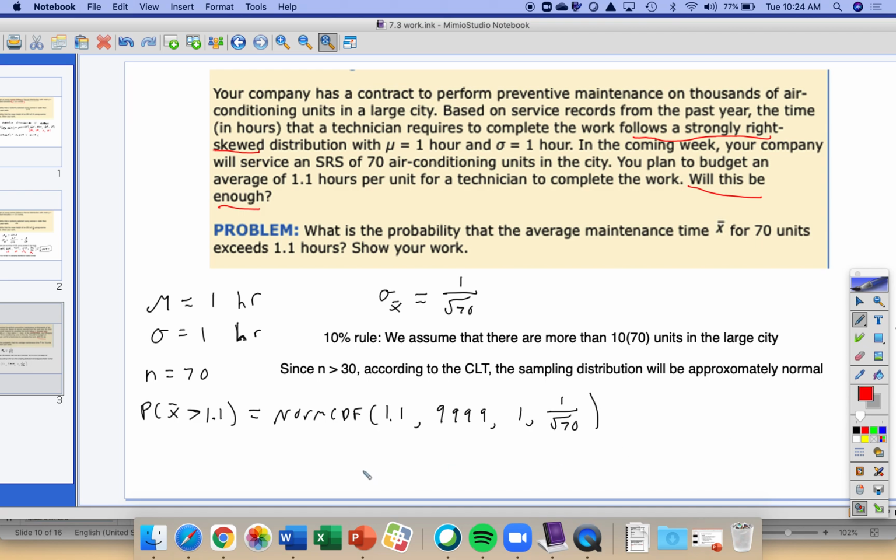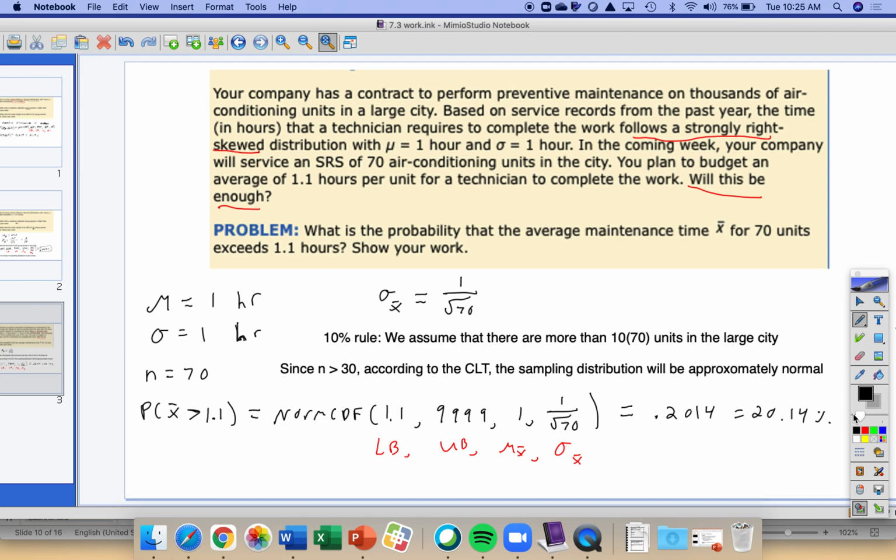So this is lower bound, upper bound, mean of X bar, standard deviation of X bar. And when I use normal CDF in my calculator, I get 0.2014 or 20.14%.